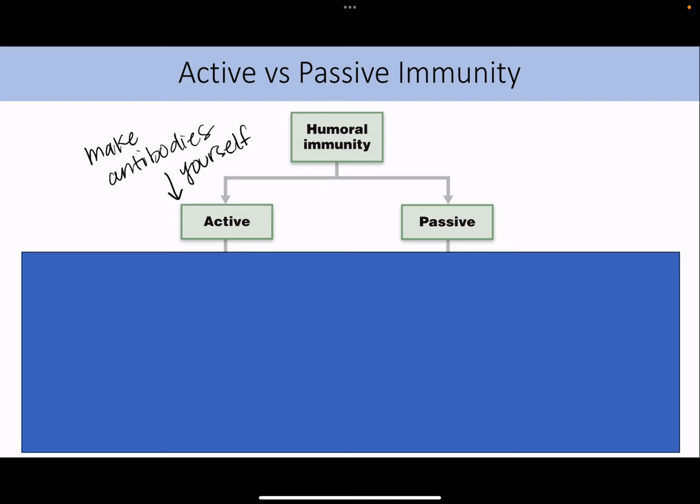This is active immunity. Passive immunity is when the antibodies are passed on to you. So active immunity, you make those antibodies. Passive immunity, you acquire those antibodies.